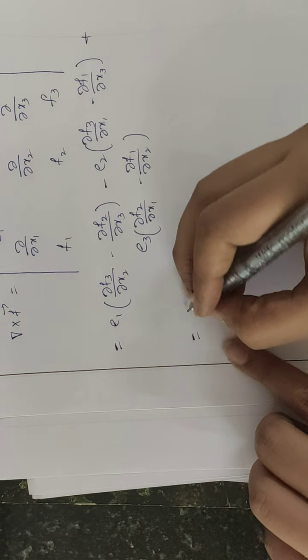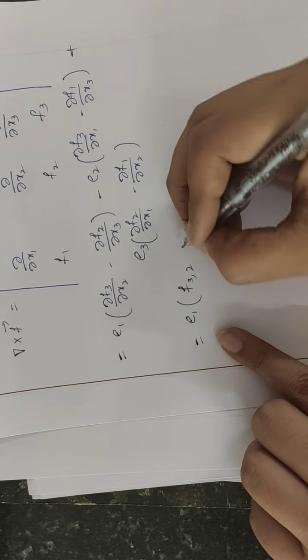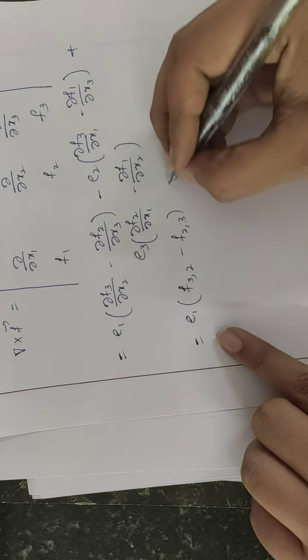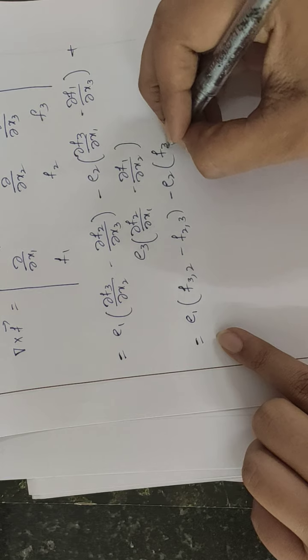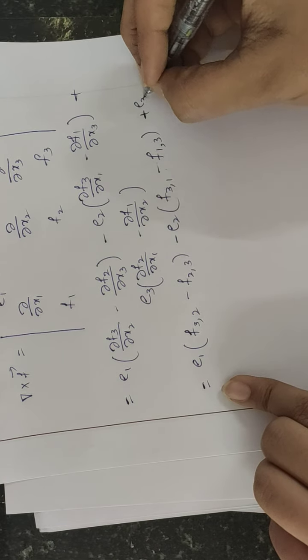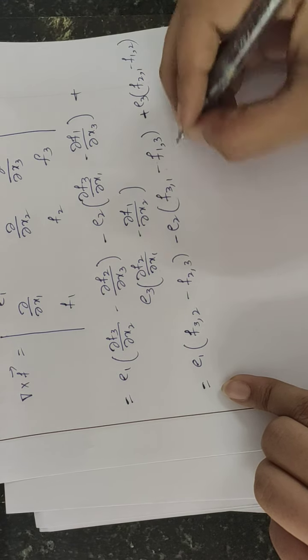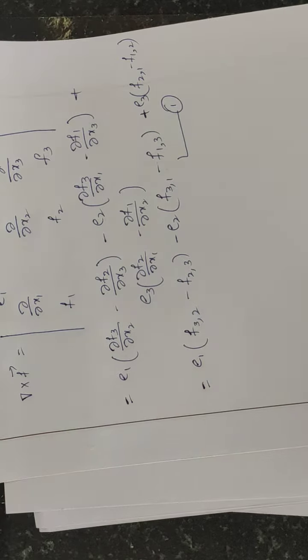So using comma notation we can write this as e1 of f3 comma 2 minus f2 comma 3, minus e2 of f3 comma 1 minus f1 comma 3, plus e3 into f2 comma 1 minus f1 comma 2. Call this equation number 1.